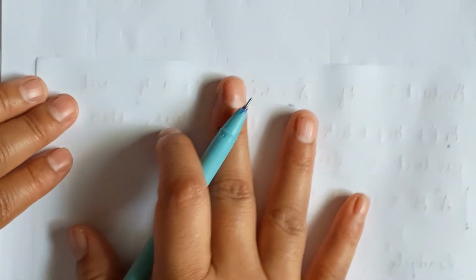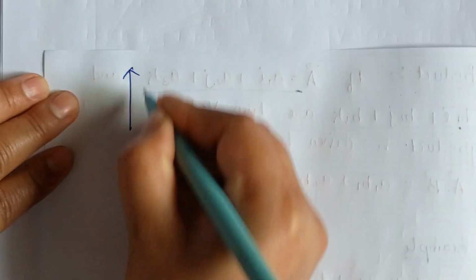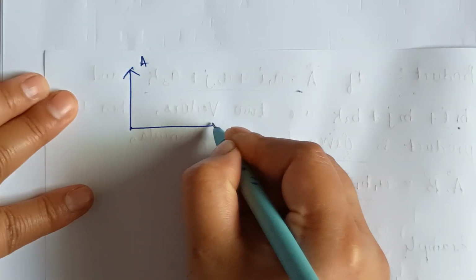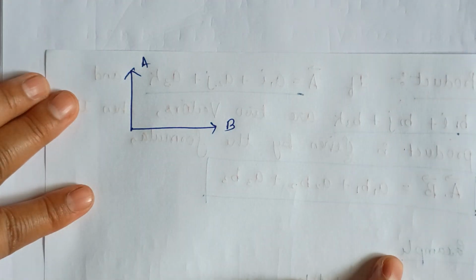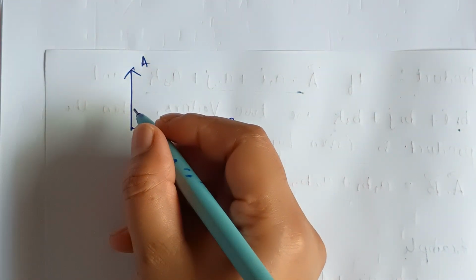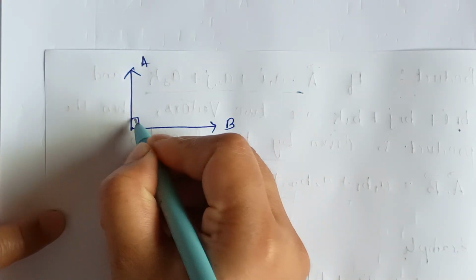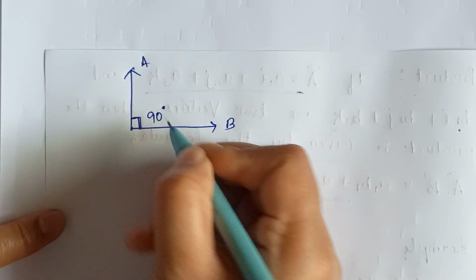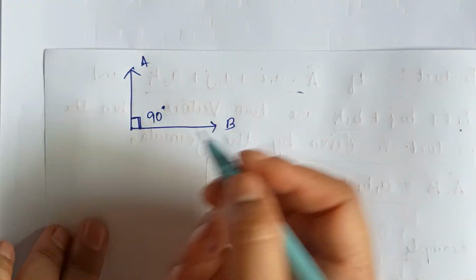Now let's talk about perpendicular vectors. This is vector A and this is vector B, right? And perpendicular means theta is 90 degrees, correct?